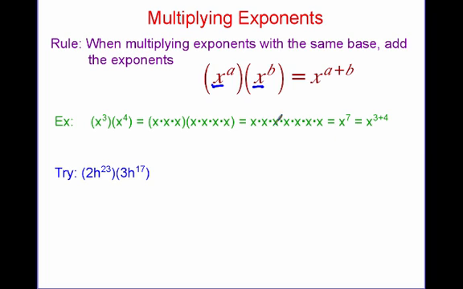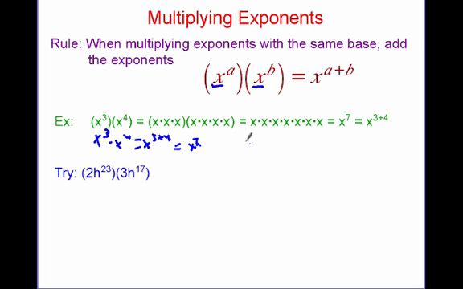I have 1, 2, 3, 4, 5, 6, 7 x's being multiplied together. You should know that that is x to the 7th power, which is x to the 3 plus 4 power. So instead of doing all this long work, I could have said, x to the 3 times x to the 4 is just x to the 3 plus 4, that's x to the 7th power.